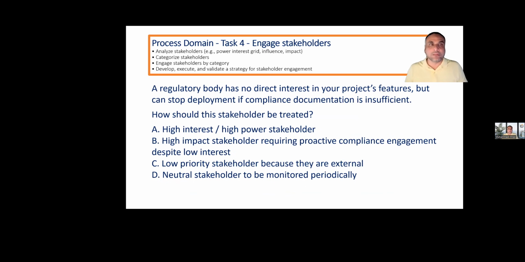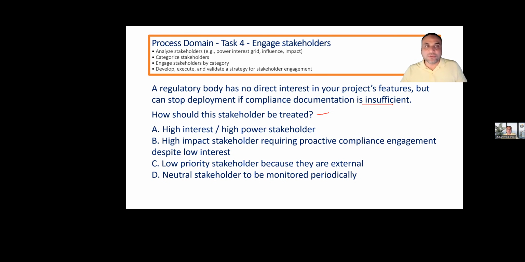Next, a regulatory body has no direct interest in your project feature, but can stop deployment if compliance is insufficient. So resistant stakeholders, right? They don't have interest, but they will be very dangerous. How should this stakeholder be treated?